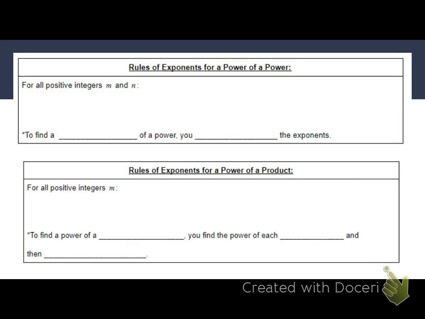First one, power of a power. So let's start with, for all positive integers m and n, if we take, in parentheses, a to the m power, and then raise those parentheses to the n power. So we have something with an exponent, and we're raising it to another exponent.